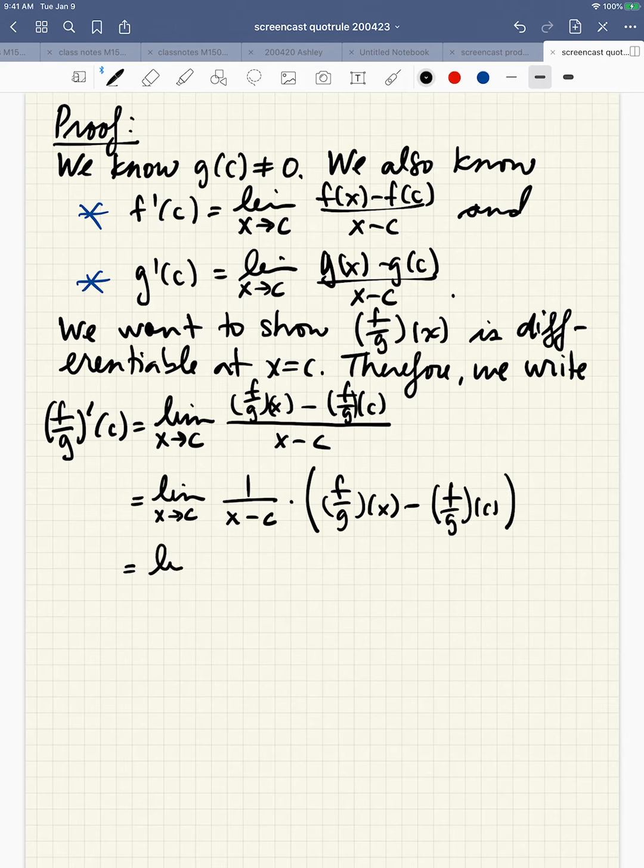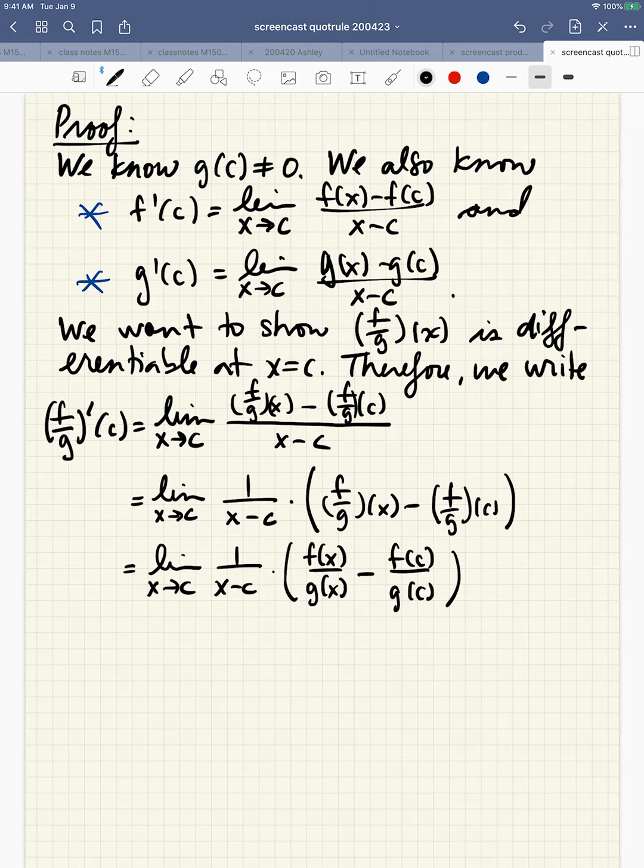And then I could have combined these into one step. I'll use the definition of the quotient function just to rewrite what was in the parentheses in that way.